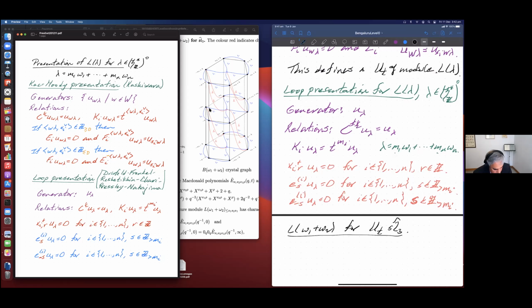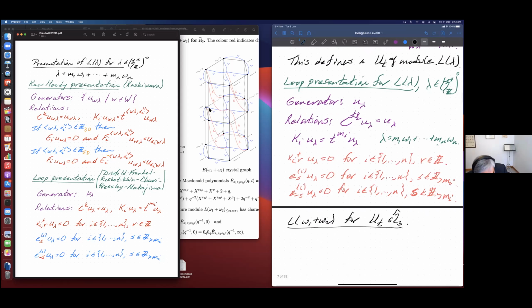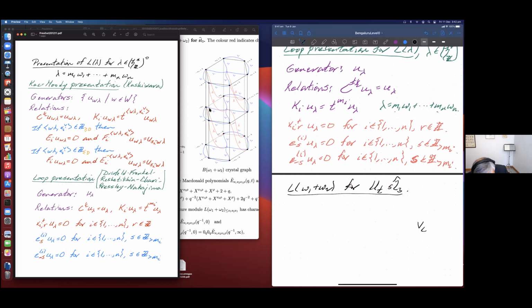All right. So it has vectors in it. Let's call it V theta, V alpha_2, V alpha_1, H alpha_1, H alpha_2, V negative alpha_1, V negative alpha_2, and V negative theta, and H theta.